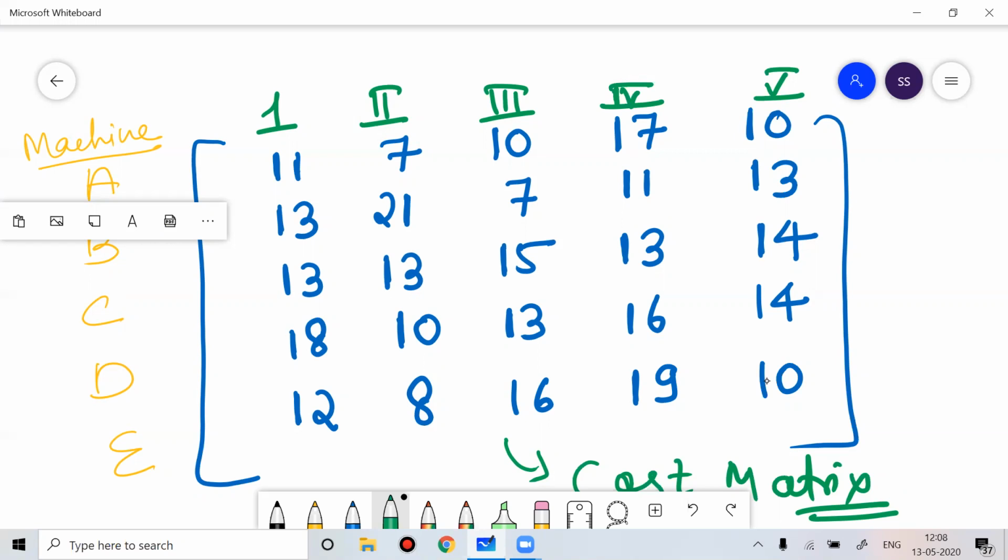After 5 minutes, I will tell you how to get the answer. Write the answer in the chat box.